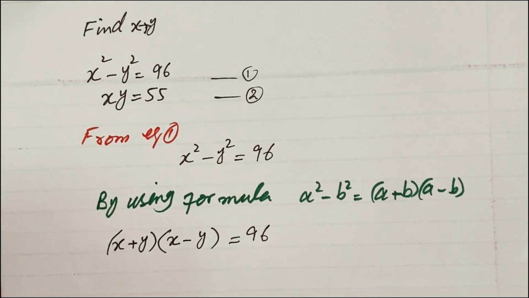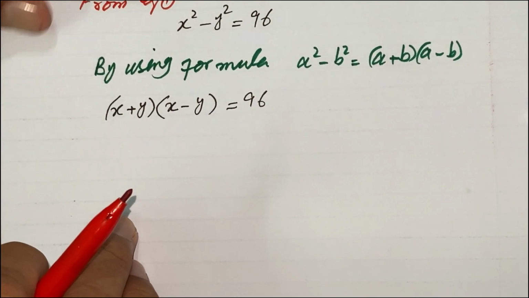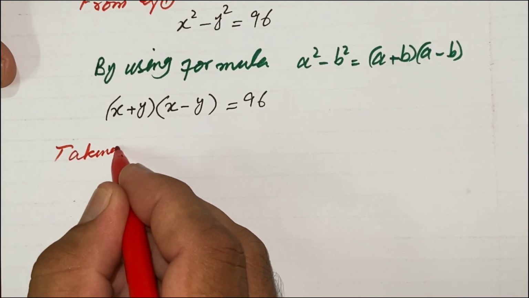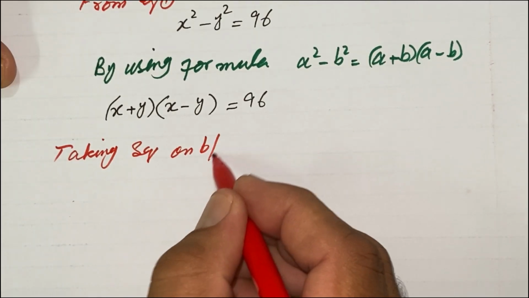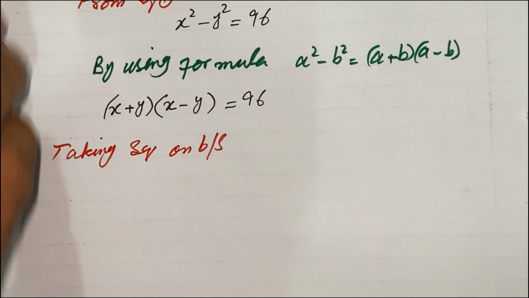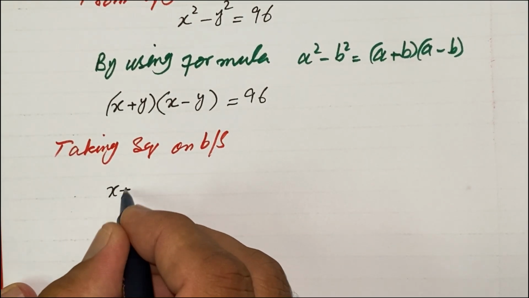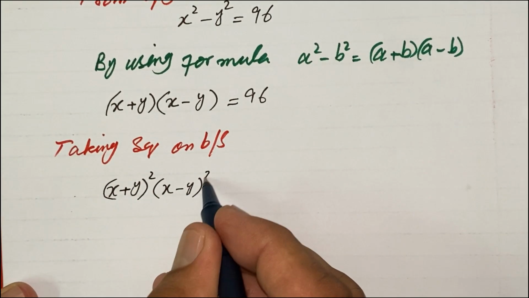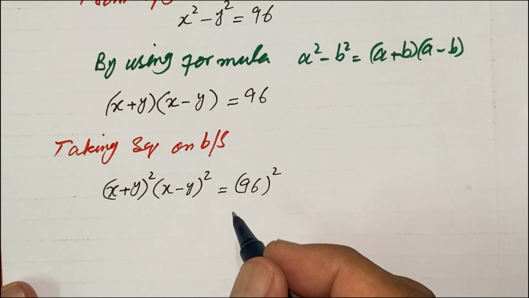Now taking square on both sides, then x plus y whole square, x minus y whole square is equal to 96 whole square.